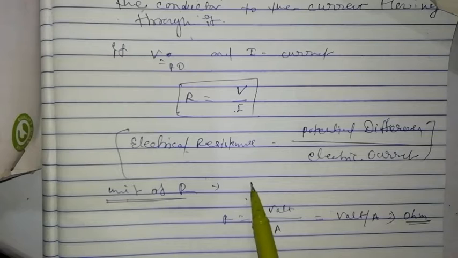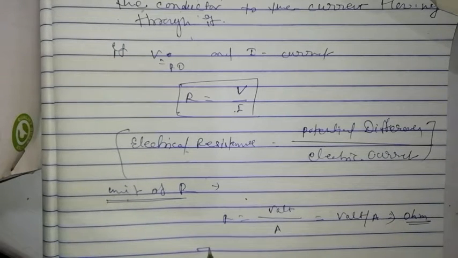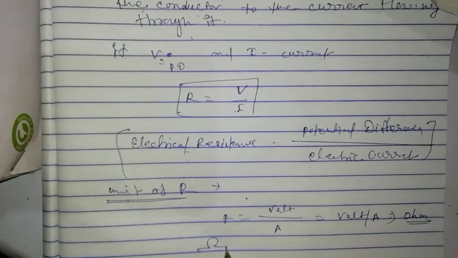The unit of resistance is the ohm, and the ohm is denoted by capital omega.